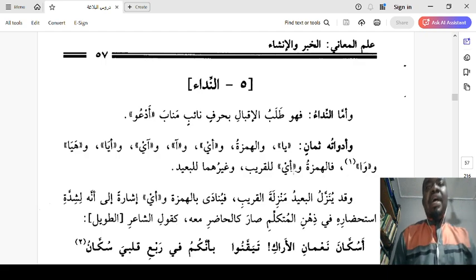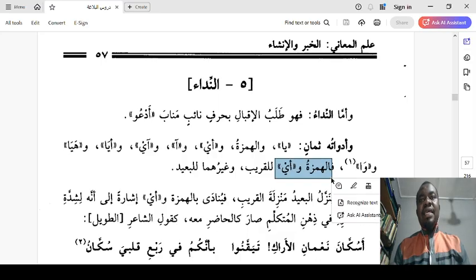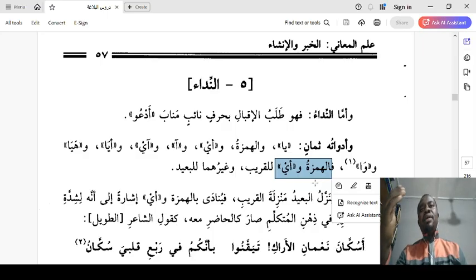And then he says fal hamzatu wa ay lil qarib. Using the hamza and the ay is for calling somebody that is close. So somebody is very close to you, is Muhammad. Okay, you have something like A Radwan, A walad. You just use the hamza for the nida, or ay bunay.